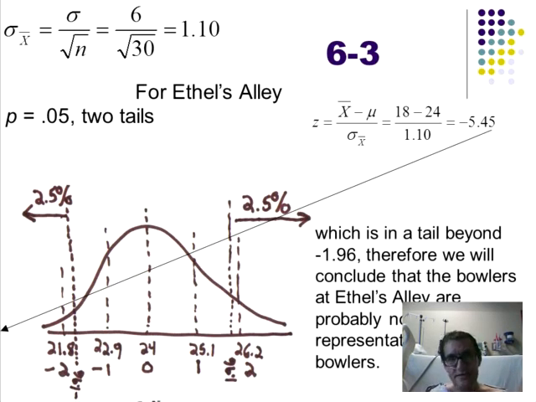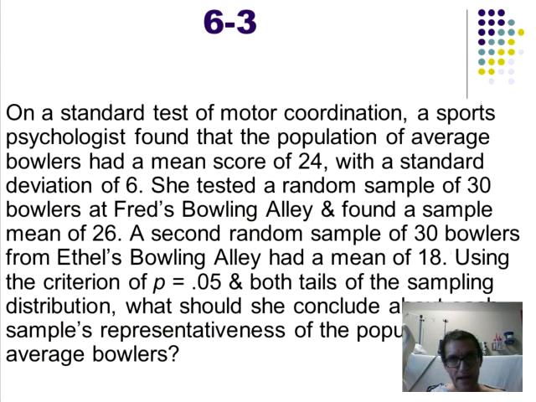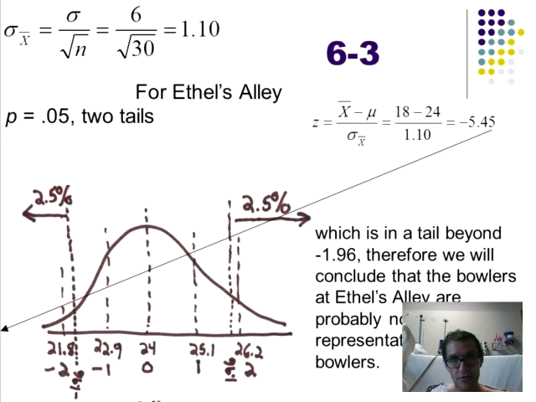When we calculate the z-score, Ethel's bowling alley sample mean is 18. So the sample mean of 18 minus the population raw score mean of 24, divided by the standard error of 1.1, gives negative 5.45.